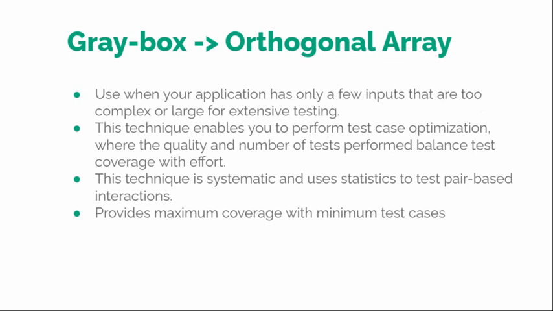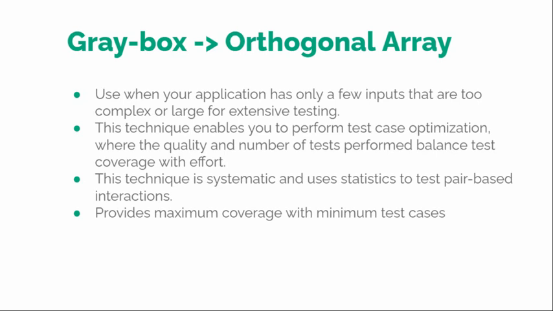Orthogonal array testing is another type of gray box testing, used when your application has only a few inputs that are too complex or large for extensive testing. This technique enables you to perform test case optimization, where the quality and number of tests performed balance test coverage with effort.